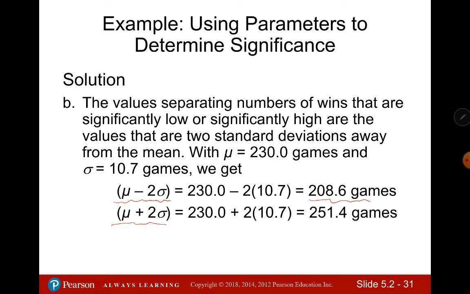Similarly, we can list the other boundary, which is 251.4. Because the last step is to work out if 252 is significantly high or not, we will focus on this boundary, 251.4, because this is mu plus 2 sigma.